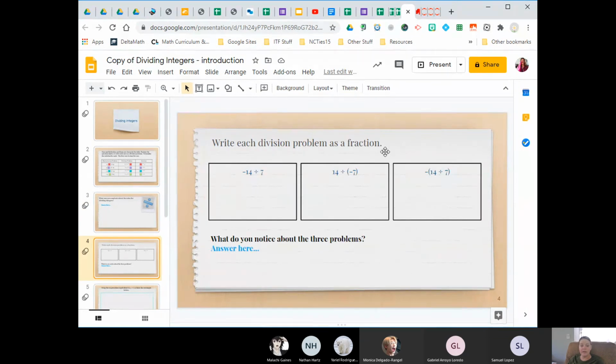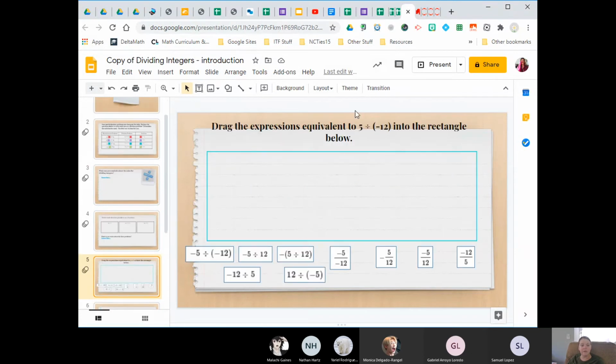This one wants you to write them as a fraction. So we're doing -14 divided by 7. What would that look like as a fraction? And then what do you notice about the 3 problems? This one wants you to drag from these problems down here all the equivalent expressions, so the ones that are the exact same as what you see here.